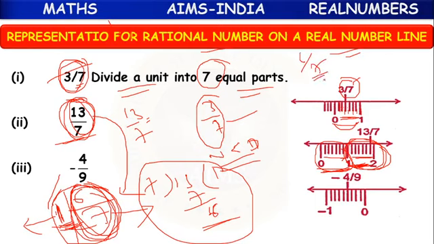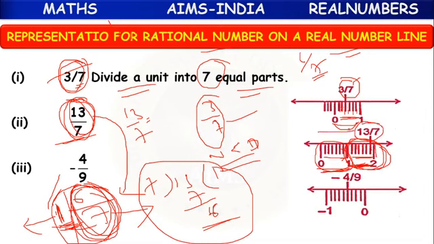This fractional part is 6 by 7. What is the denominator? 7. So the space between 1 and 2 is to be divided into 7 equal parts: 1, 2, 3, 4, 5, 6, 7. Out of that, the 6th part, counted from 1, will be considered as 13 by 7.